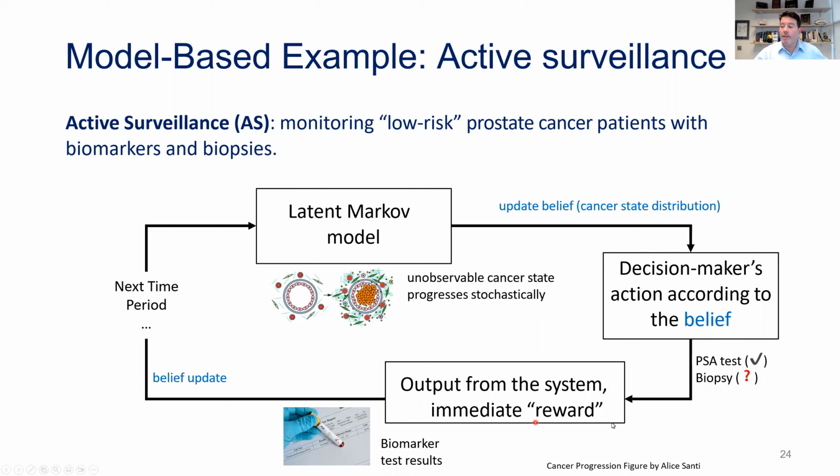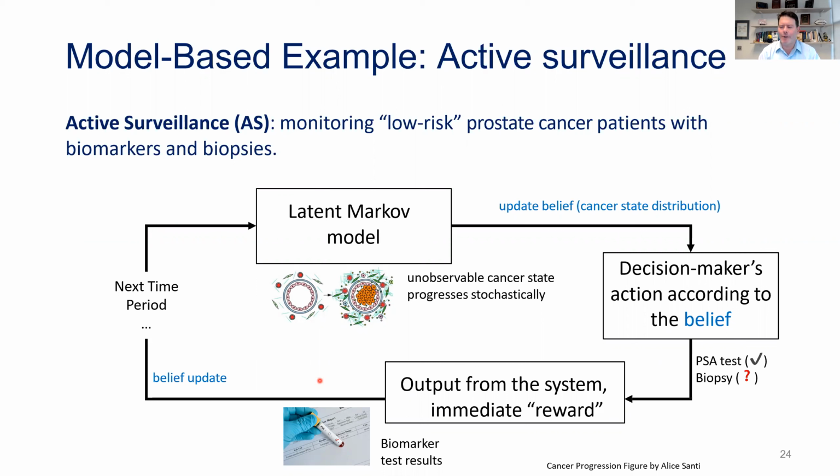If we want to optimize, then we think of there being rewards. That's a weird term to use, but there'd be a negative reward for the impact of biopsy on quality of life, and it might be better to refer to it as a cost, in quotes.